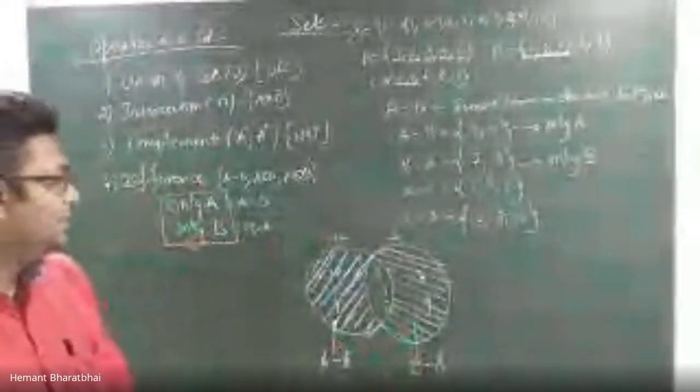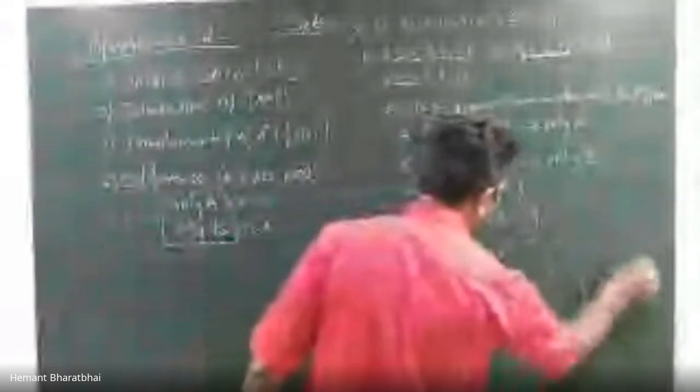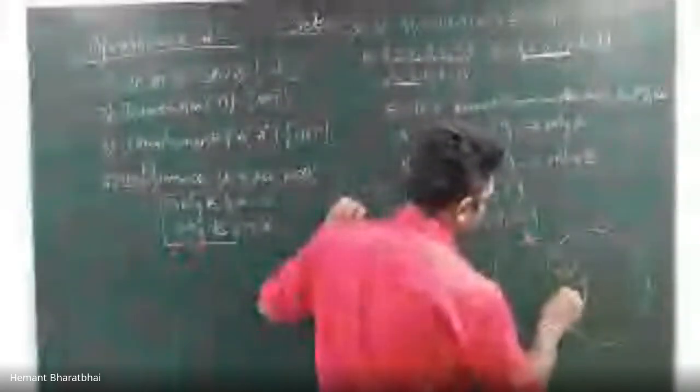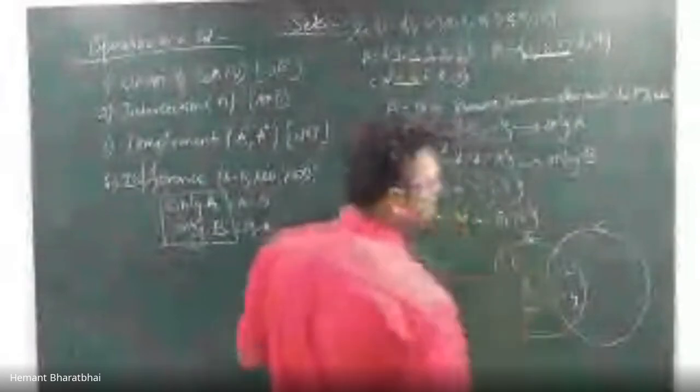Okay. If I want to do A minus C or C minus A, let's see the Venn diagram. So between A and C, you have 2 and 4 common. This is 2, this is 4. Then what remains in set A is 1, 3 and 5.